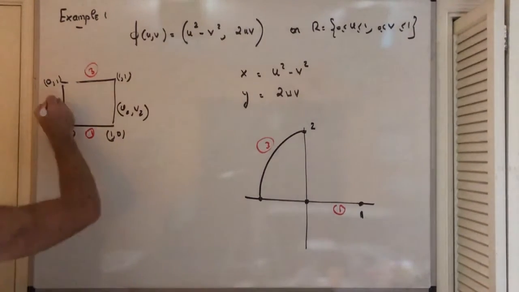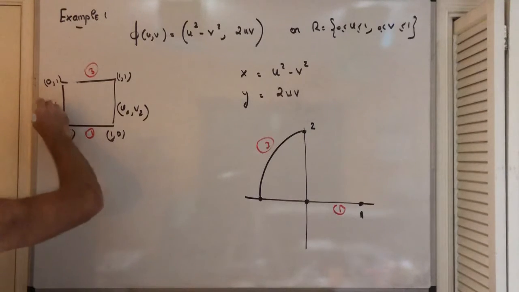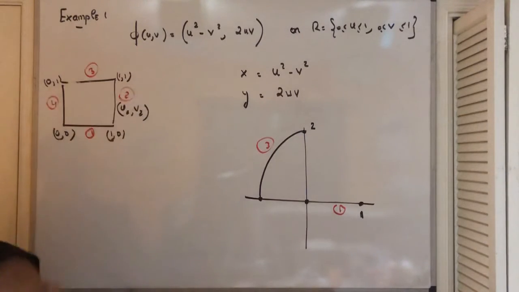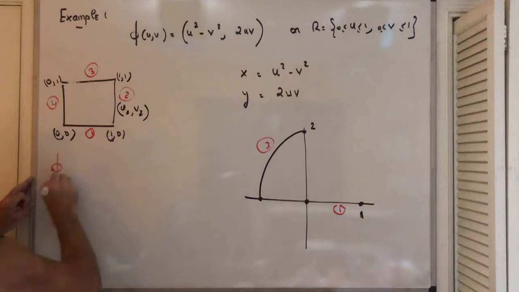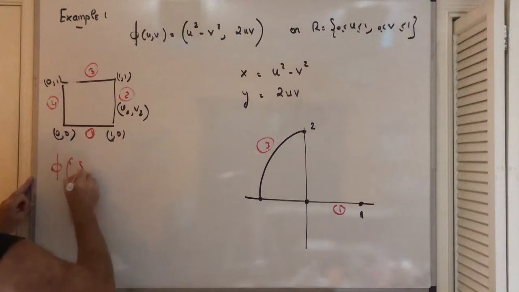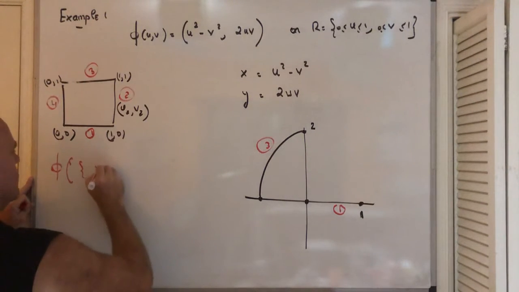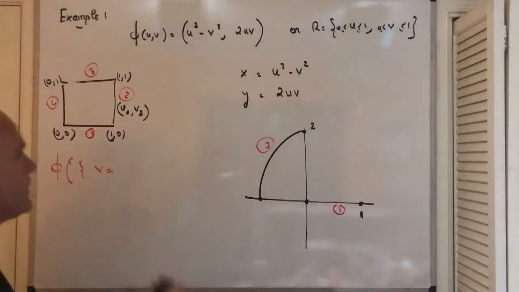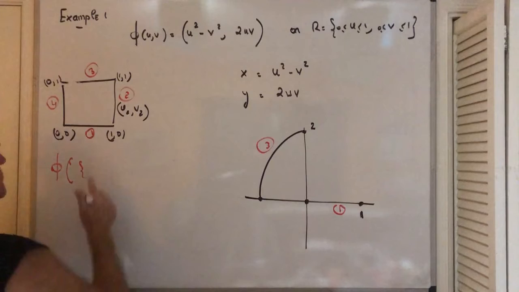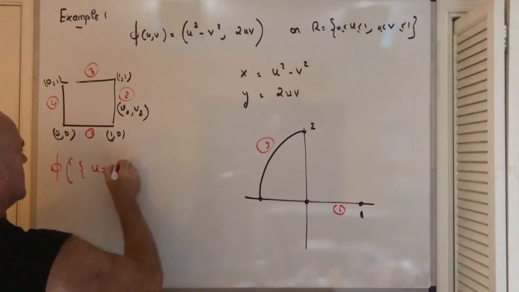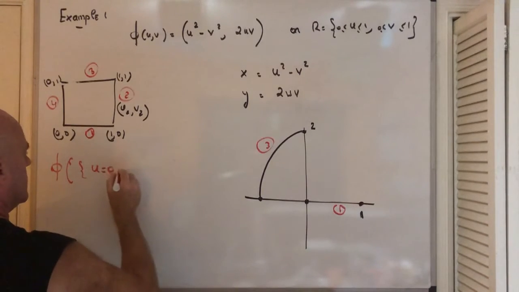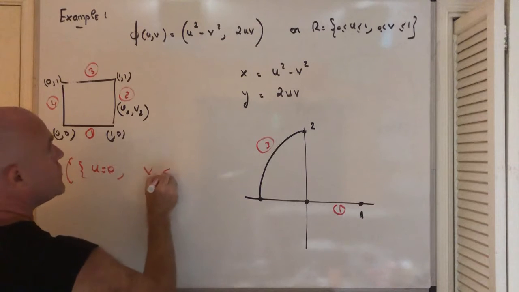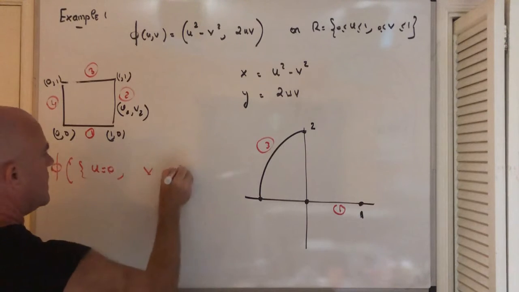I'm going to call this side number 4, this one being number 2, if you don't mind. So what is the image of it? It's u equals 0, sorry. This time it's u equals 0, but v varies between 0 and 1.